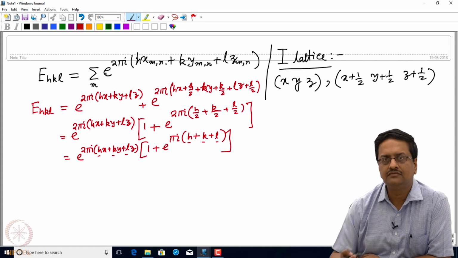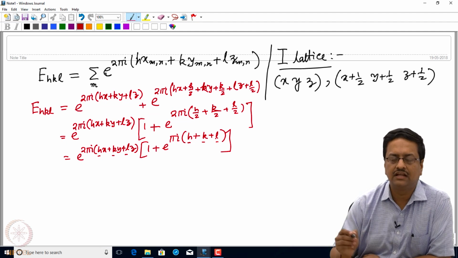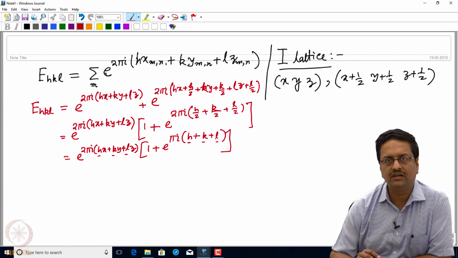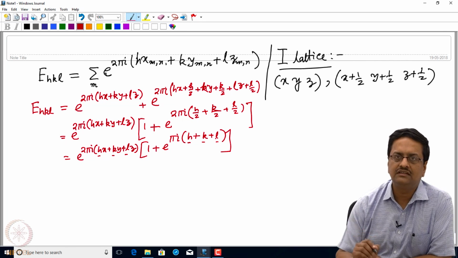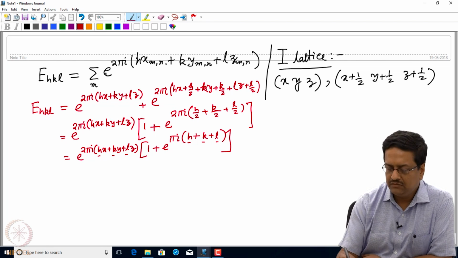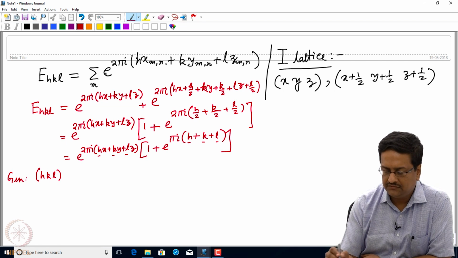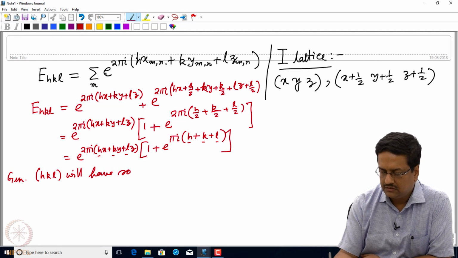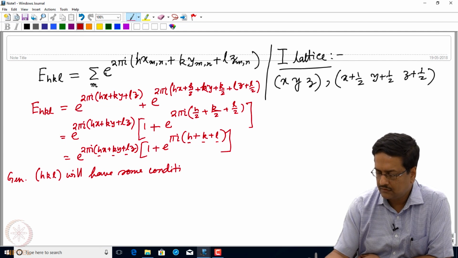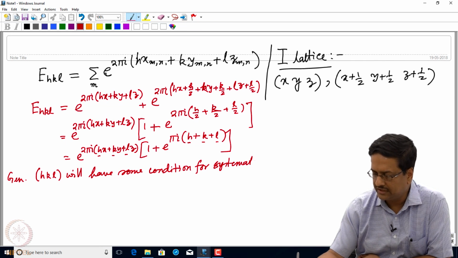So by looking at this, we can conclude that the systematic absence condition for this particular symmetry, that is I centering, will be for general reflections HKL.